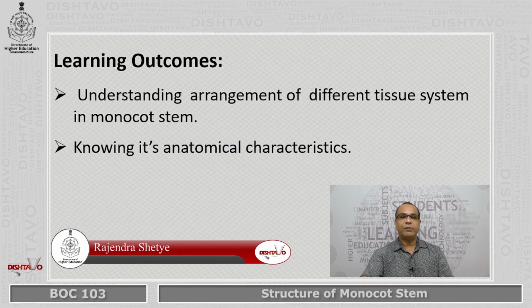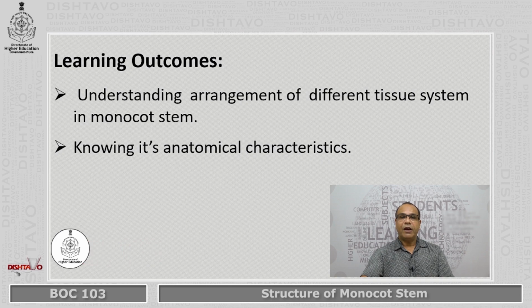At the end of this module, we will be able to understand arrangement of different tissue systems in monocot stem and know its anatomical characteristics.